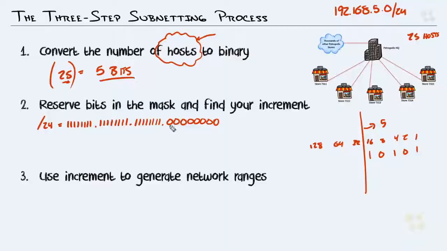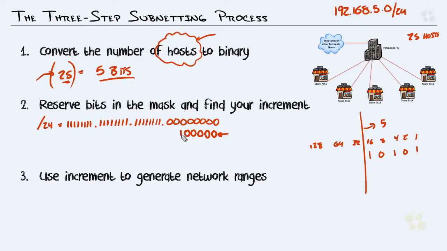Let me show you. Instead of focusing on adding more network bits, I'm focusing on saving the host bits. 5 of them, to be specific. So the form of networking where we're saying, I need more networks, and adding it that way, I'm not doing right now. I'm saying, I need to save the hosts, at least 5 of them, because I cannot get the number 25 with any less than 5.